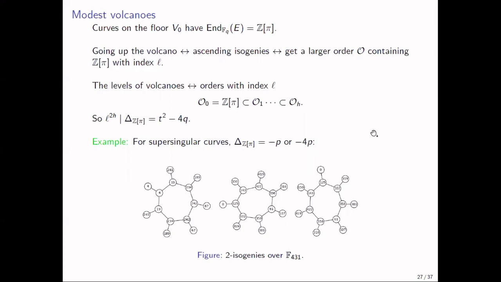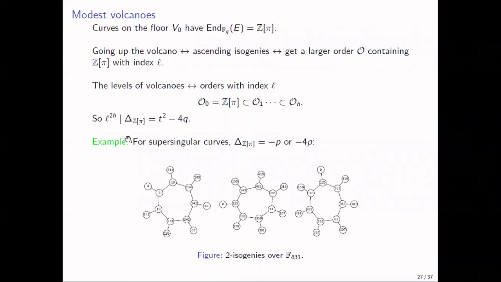Every ascending isogeny gives you a larger order in which your endomorphism ring sits with index L. So in other words, the levels of the volcano can be labeled by a sequence of orders, each of them with index L in the next.